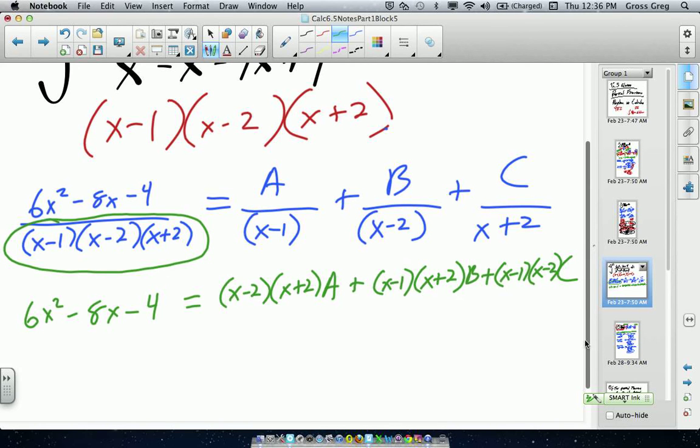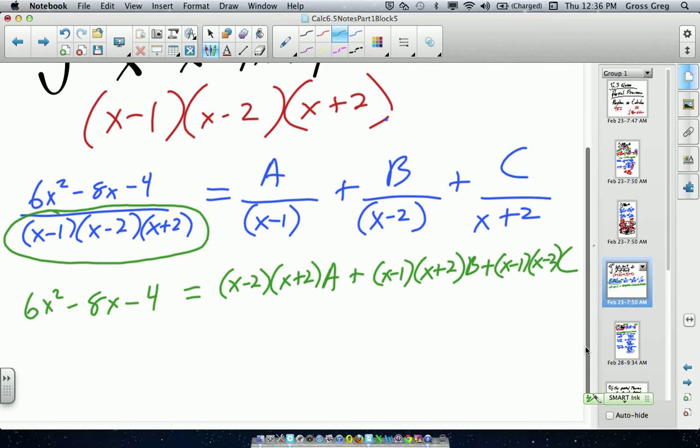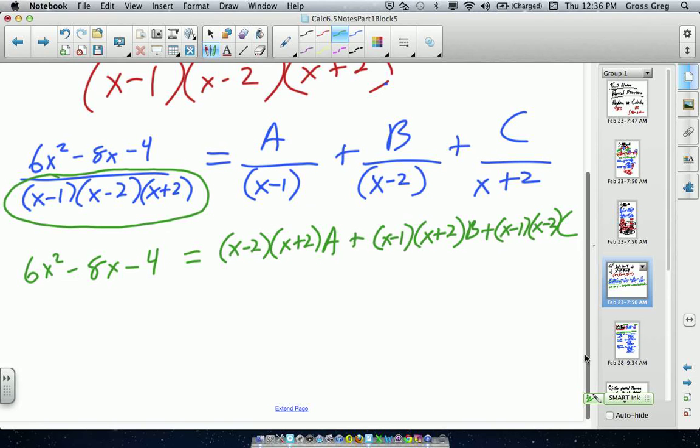And continuing down here, now you get to pick your x values, because our goal again is to solve for a, b, and c. You don't have to lock into one x value for all these. So I think a good natural one is let's let x equal 2. If I plug 2 into the 6x squared, 6 times 2 squared minus 8 times 2 minus 4 gives me 4 on the left.